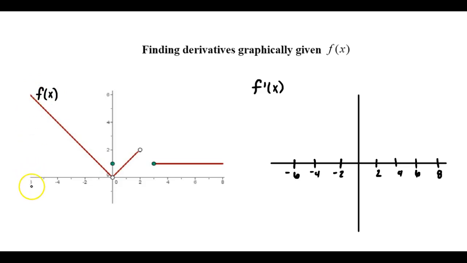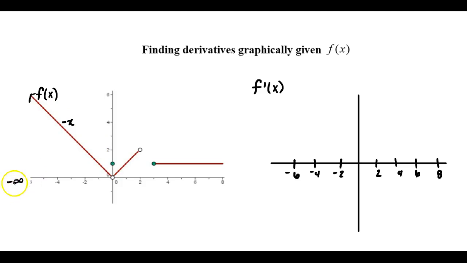Alright, so over here on the graph of f of x, let's say that this function does keep going on forever over here. So from -infinity all the way up to 0, but not including 0, I have this linear function here that I can find exactly. It's the function -x. So this linear function right here, -x, has slope -1.